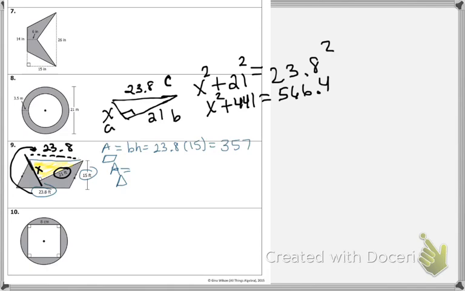Then we subtract 441, and x squared is equal to 125.44.